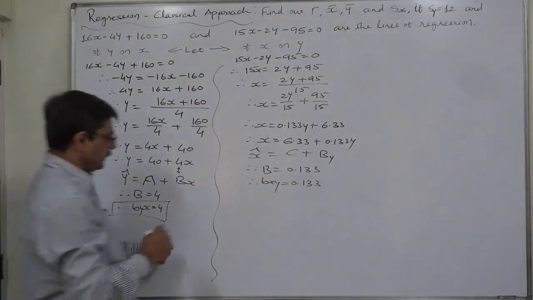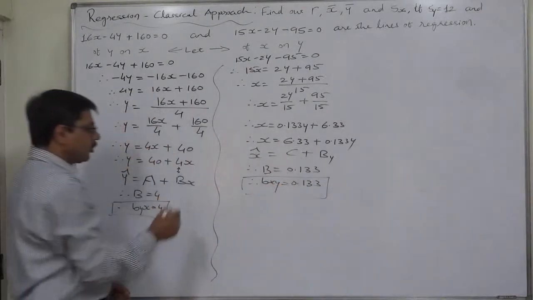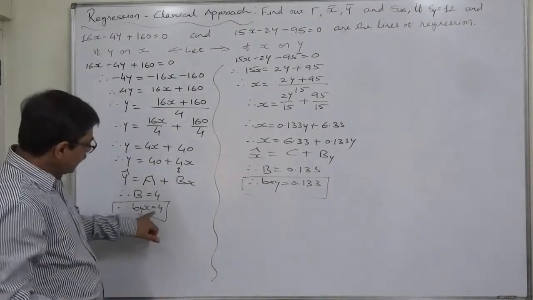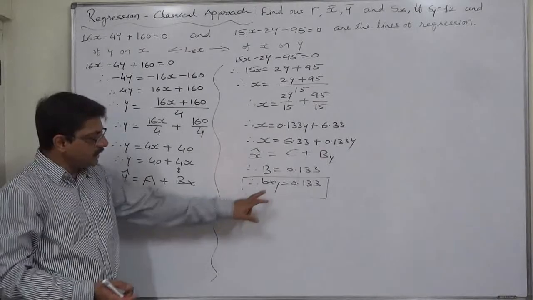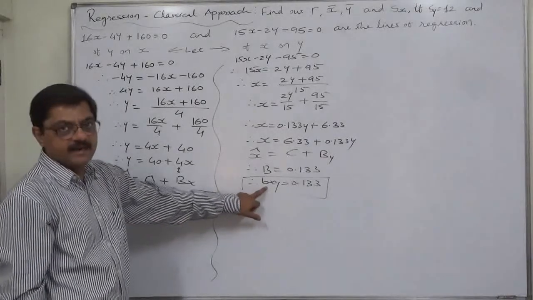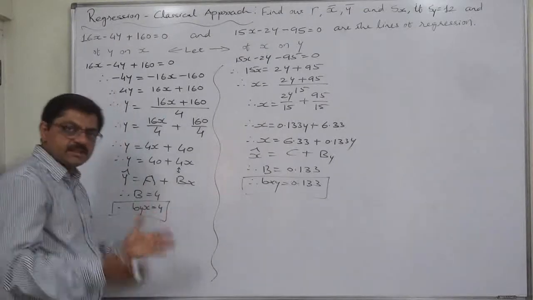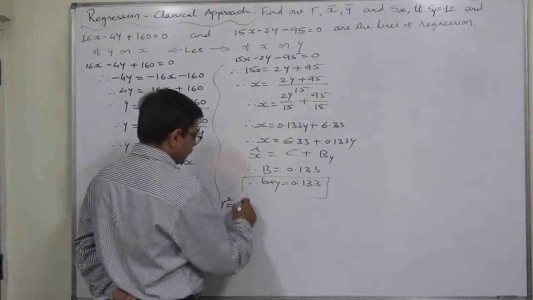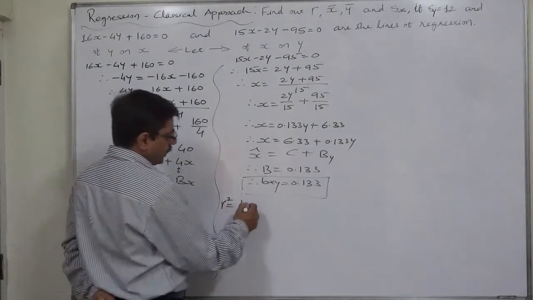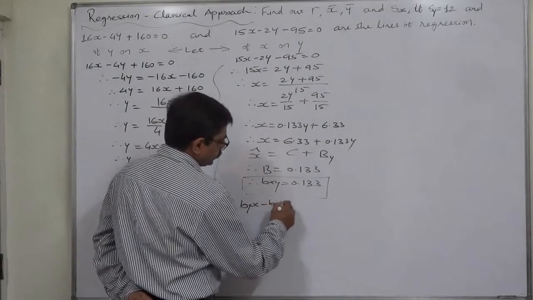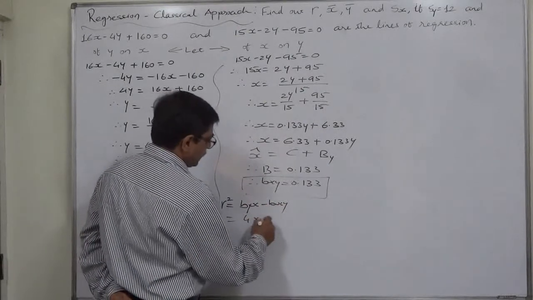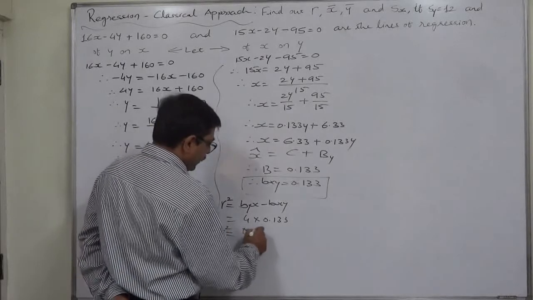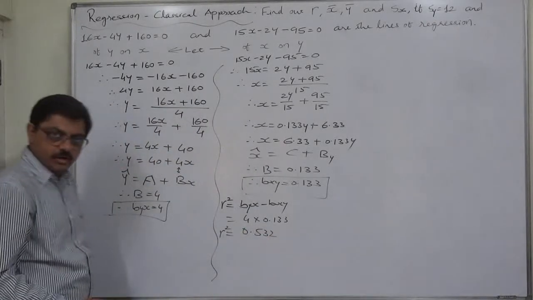Now let us verify. First, the sign of both coefficients must be the same. Now one is greater than 1, so another must be less than 1, in such a way that the product of these two is between 0 and 1. Let's check it through the coefficient of correlation. The squared value of the coefficient of correlation is the product of the two coefficients of regression. That means the squared value of the coefficient of correlation is 0.532, which is between 0 and 1.